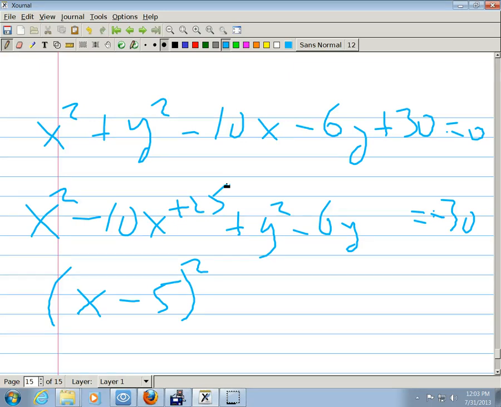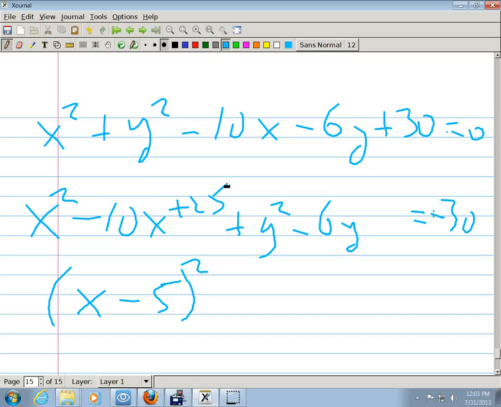Isn't that how you factor? But notice I messed up the problem. I added 25 to do that. I'm replacing x squared minus 10x with something that equals x squared minus 10x plus 25. So I'm effectively adding 25 to this side of the equation, so I better add 25 to both sides of the equation.